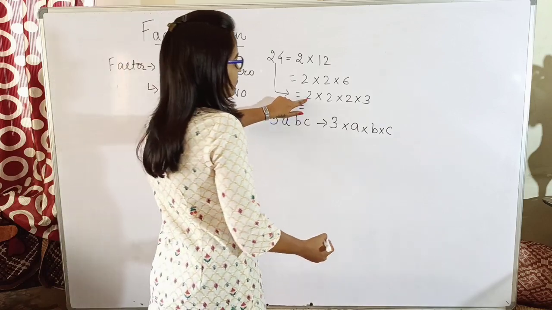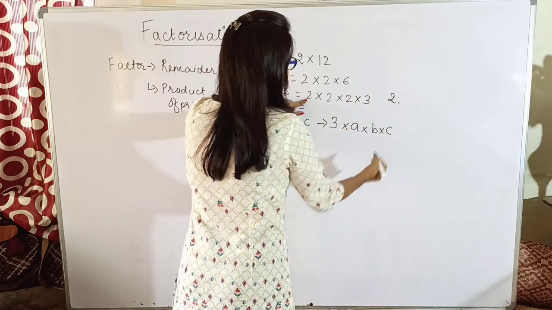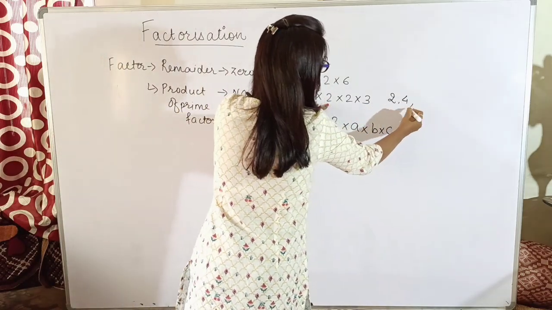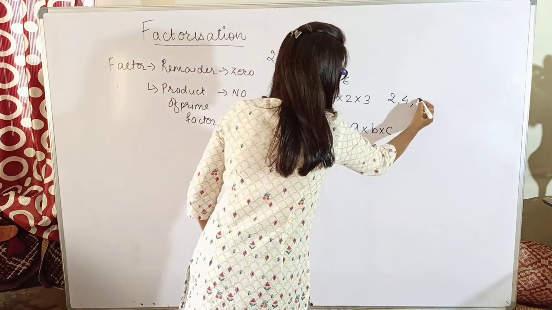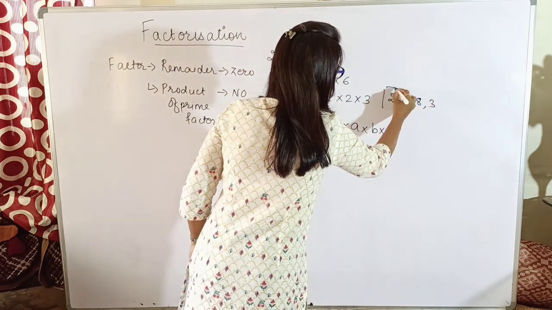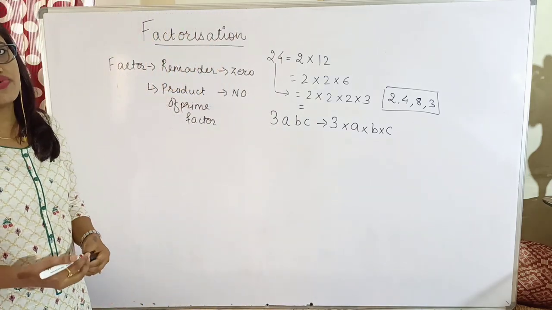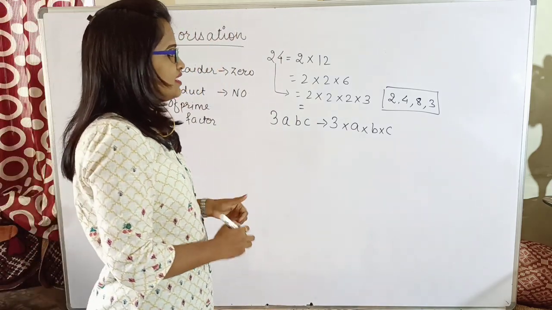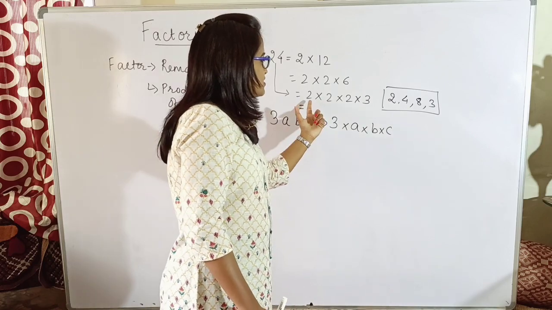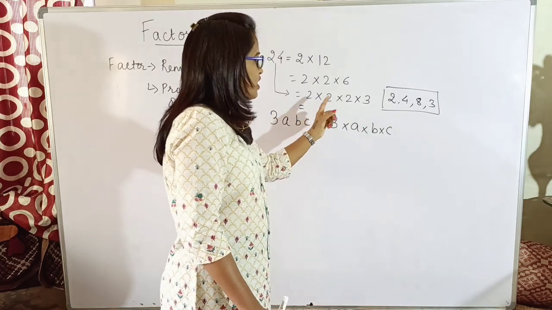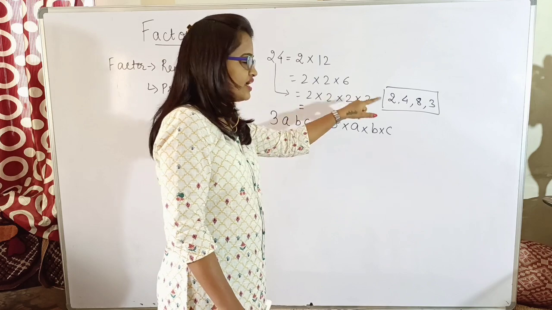How did I find them? The first factor was 2, the second one 2 into 2, the third one 2 into 2 into 2, and the fourth one 8. So these are factors of 24 which divide 24 completely. Here, since there was repetition, I had to multiply 2 into 2 and check.